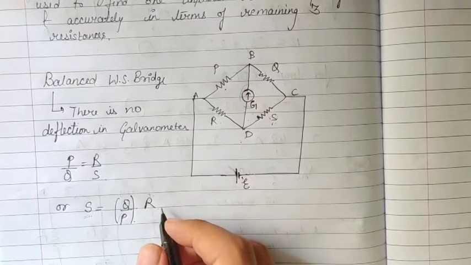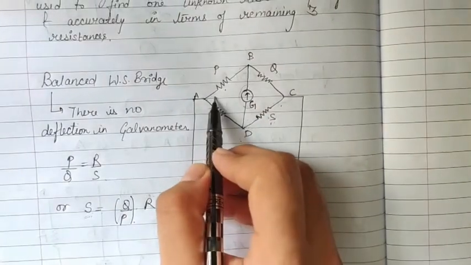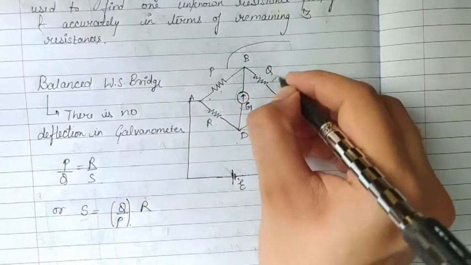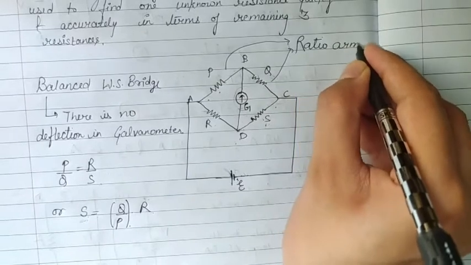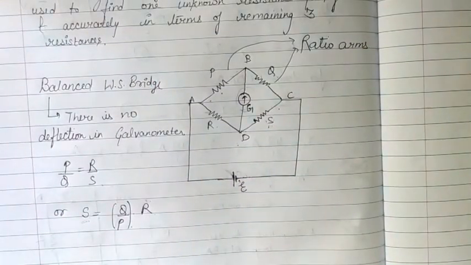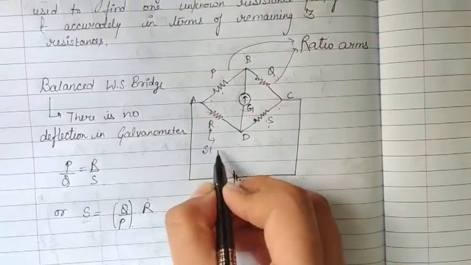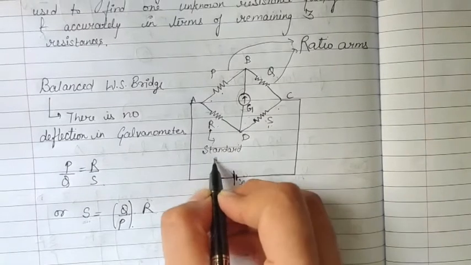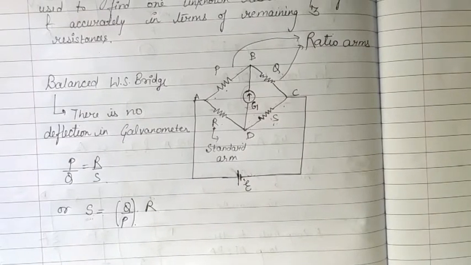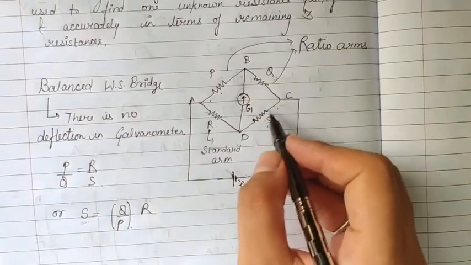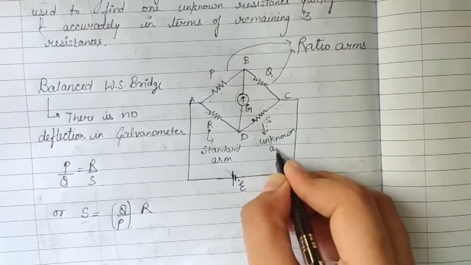So the arms containing resistances P and Q, these arms AB and BC, are called ratio arms because we are using their ratio, and the arm containing capital R is called the standard arm, as we are going to set this resistance such that there is no deflection in the galvanometer, and the arm CD that contains the unknown resistance is called the unknown arm, right?